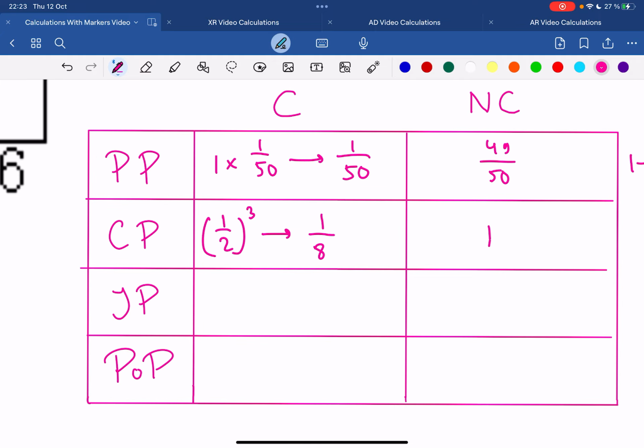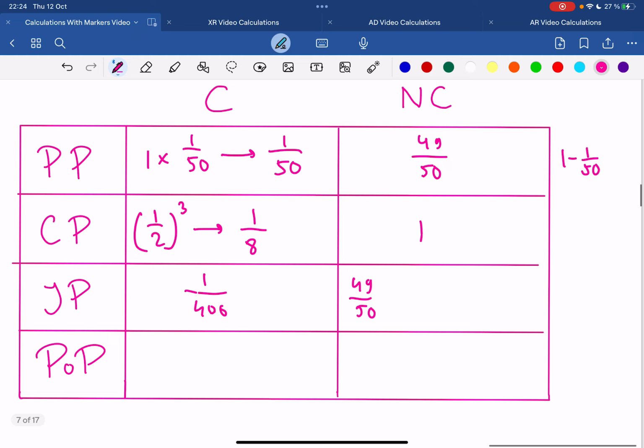And now for my trusty calculator, this would be 1 over 400 because it's just these two multiplied by one another. And here it would be 49 over 50, but because we want the denominators to be equalized, we can write it as 392 over 400.